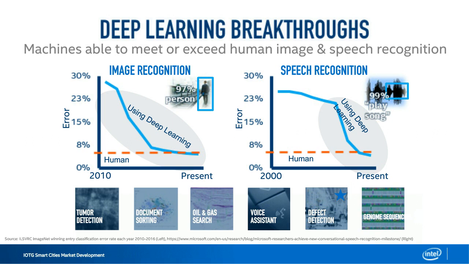So what you can see is the graphs are sloping to the right and towards the bottom. What that means is over time, the error the machines are facing in whether it's image recognition or things like audio analytics, it's going down, which is good news. But then you look at the red dotted line.